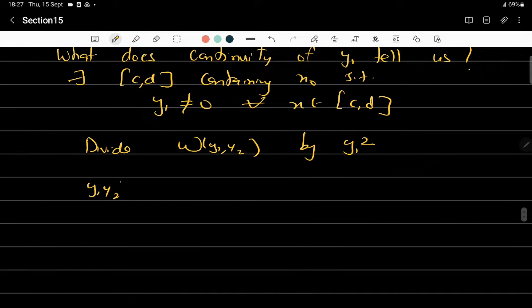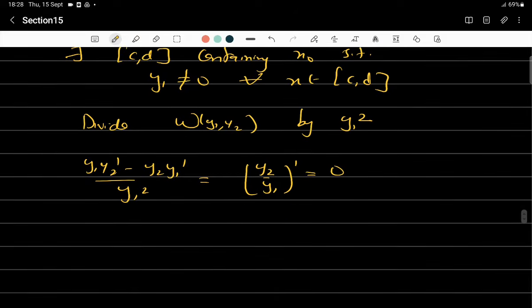We get (y1 y2 dash minus y2 y1 dash) by y1 square, which is the derivative of y2 by y1, and which is equal to 0. Yes, because we have assumed that the Wronskian is 0, and we have to show that y1 and y2 are LD.